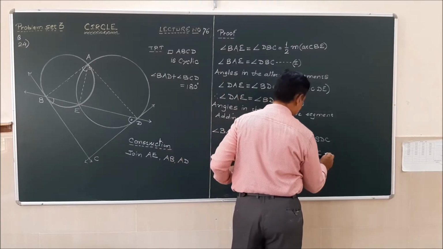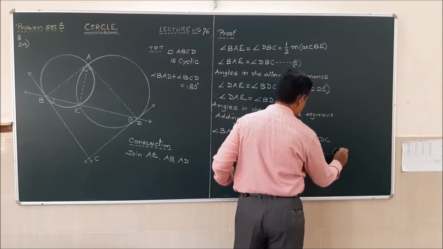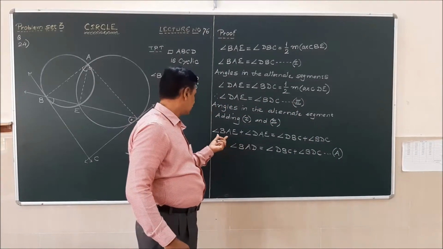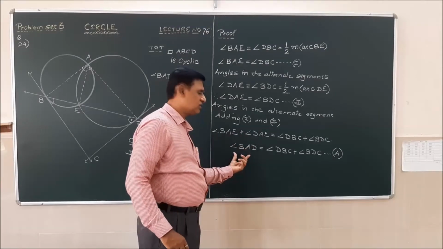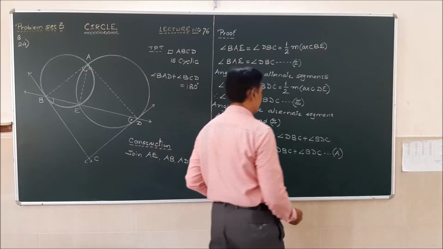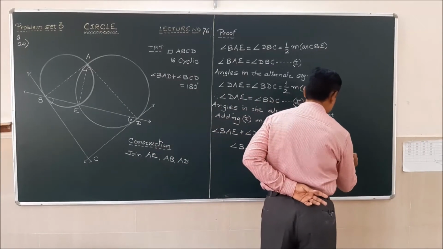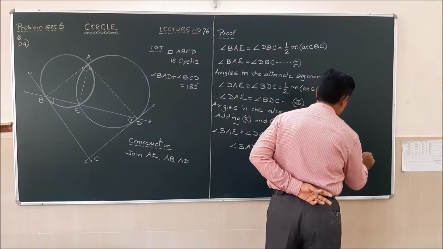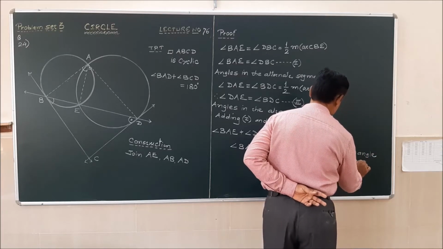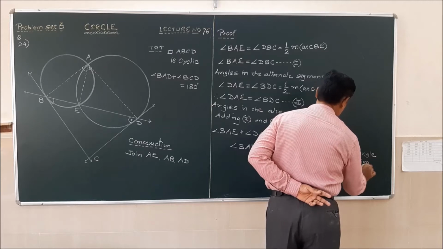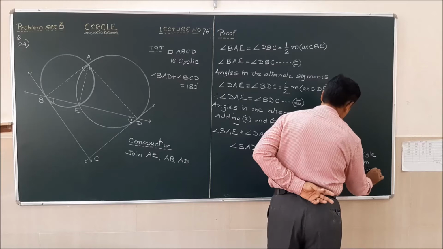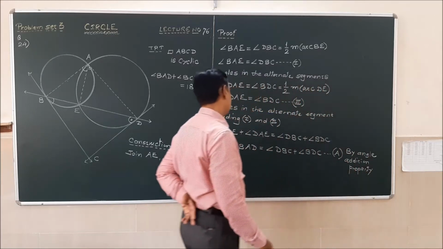Label it as A. When we add these two angles BAE and DAE, we get BAD, by the angle addition property.